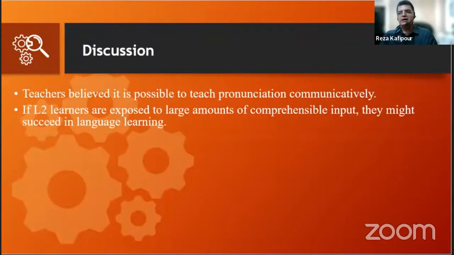So it shows that one of the major techniques in improving the students' pronunciation is repeated exposure to the context by watching movies, watching clips, or working on applications, anything that can provide repeated exposure to the English language.